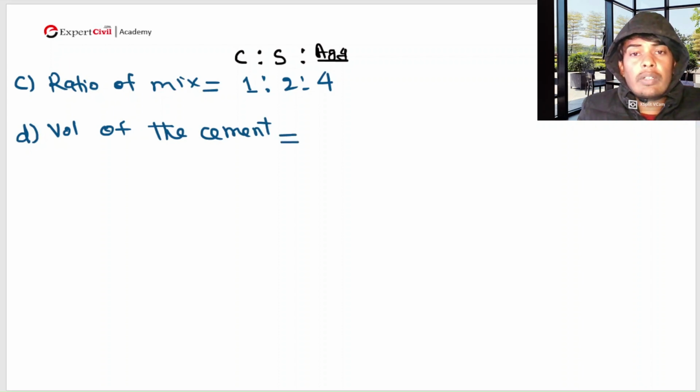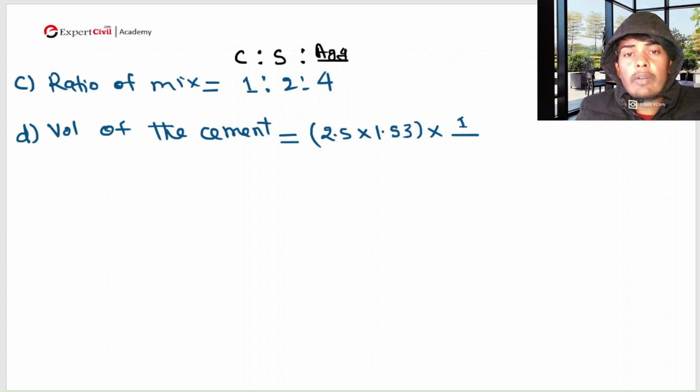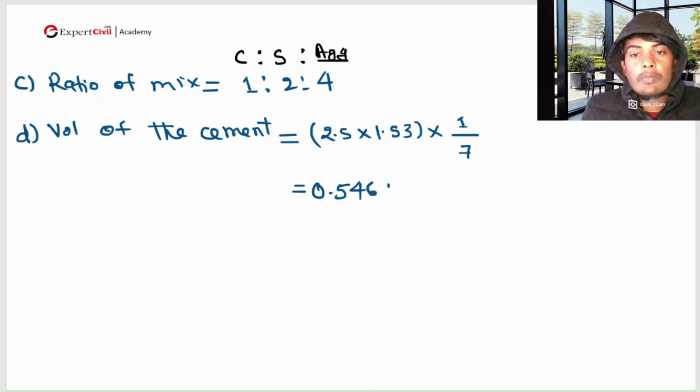So volume of the cement is 2.5 multiplied by 1.53, multiplied by 1, the ratio of cement, divided by the sum of these three ratios, which is 1 plus 2 plus 4 equals 7. So it comes out to be 0.5464 meter cube.